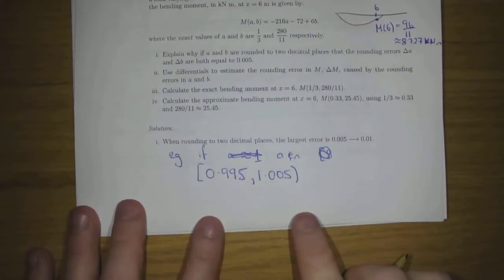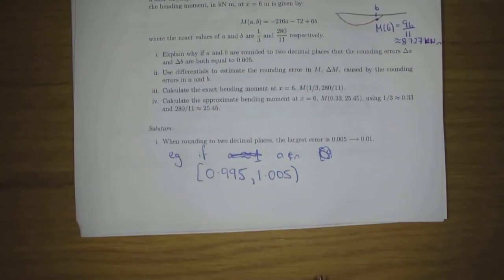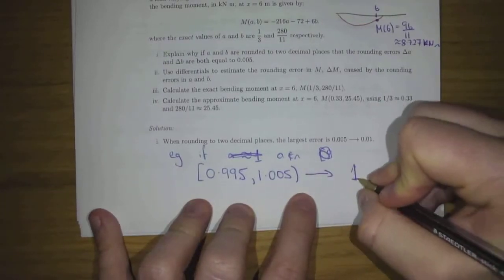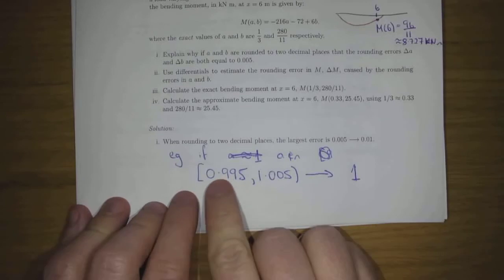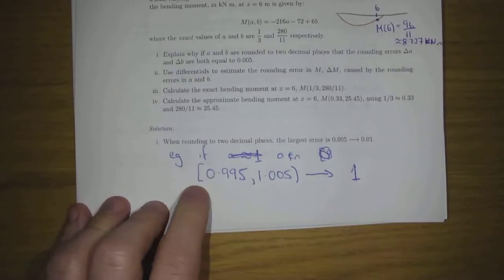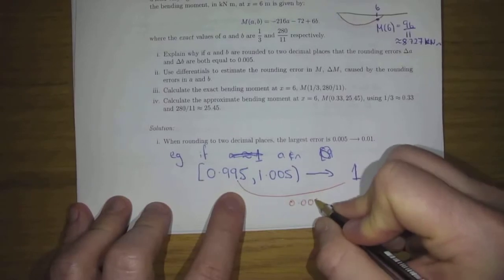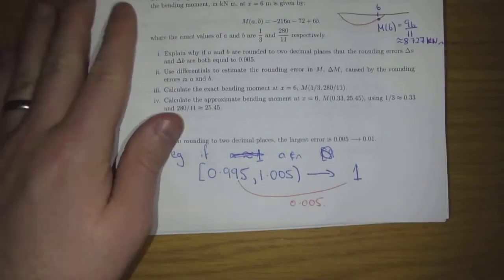If A is in between them and you're rounding to 2 decimal places, this will round to 1. And the biggest difference between all these true values and this approximation is 0.005. Okay, that's that.